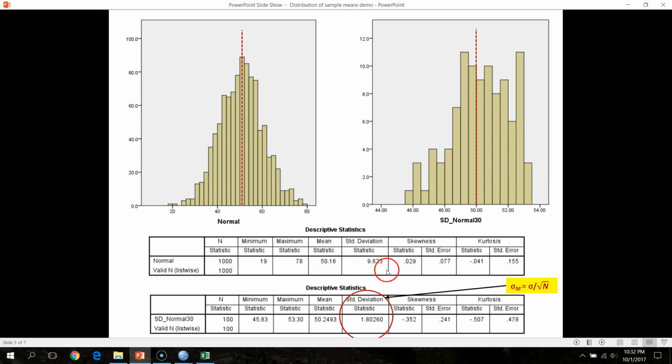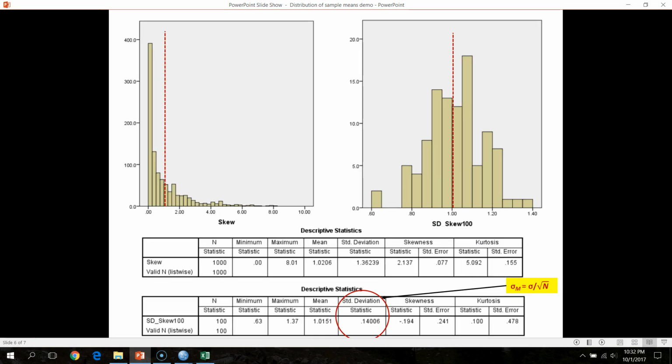And again, our projected standard error that we calculated from the population standard deviation is very close to what we would get here. This is our standard error. This is the average amount that any randomly sampled set of 30 scores we would expect to deviate from the mean.